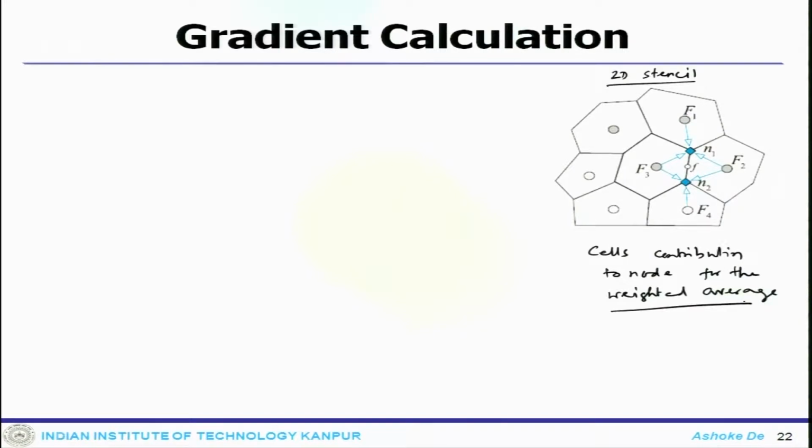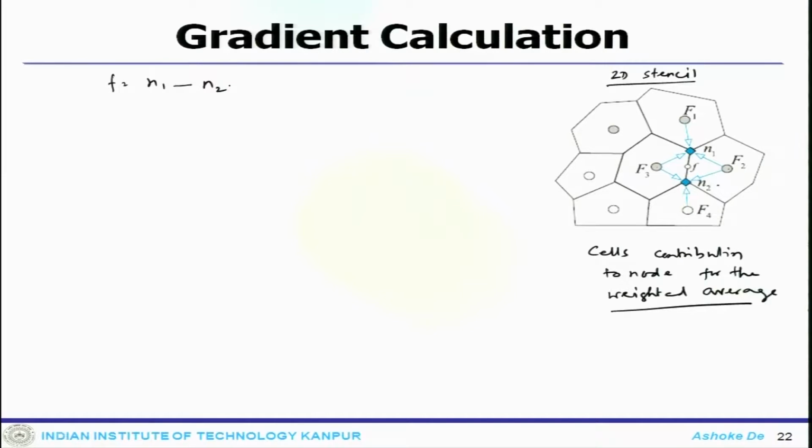You can see the node N1, which is getting contribution, since that node is common to three different elements, F1, F2, F3. So it gets the contribution from all three elements. Similarly, if you look at the node N2, N2 is getting contribution from all three elements, F2, F3, F4. And F is the face between N1 and N2, or the connecting nodes between N1 and N2.